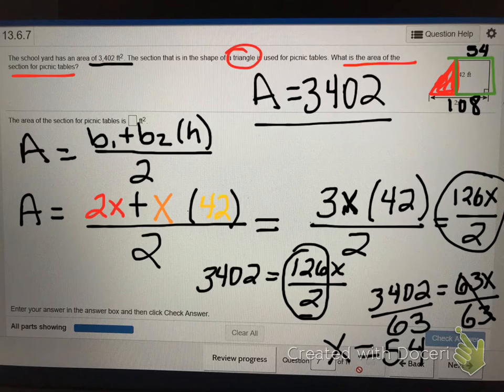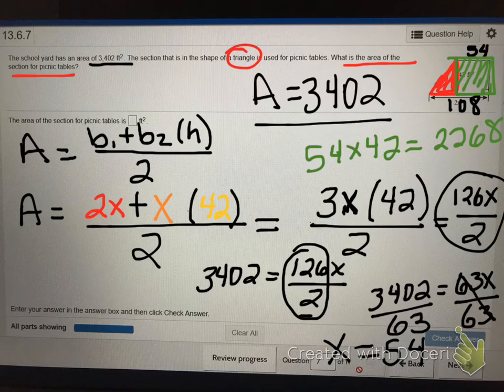So 54, sorry about the mess here, times 42 equals 2,268. That's this part right here. All I need to do is take the total area of this total shape and subtract the area of the rectangle, and that will give me the leftover, which is the area of the triangle.